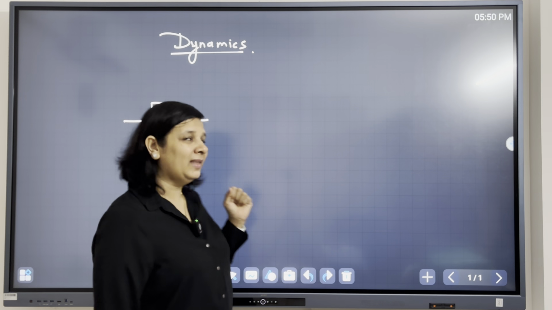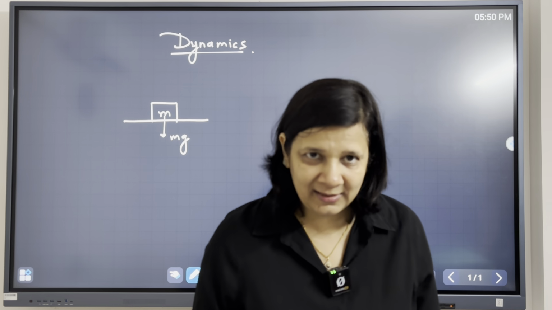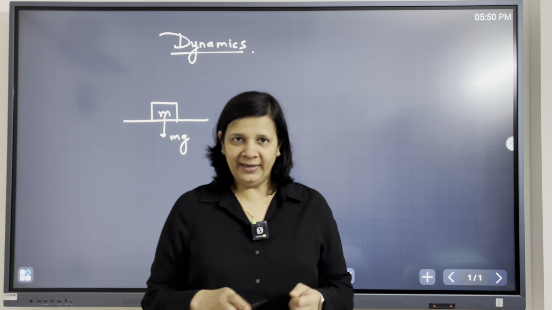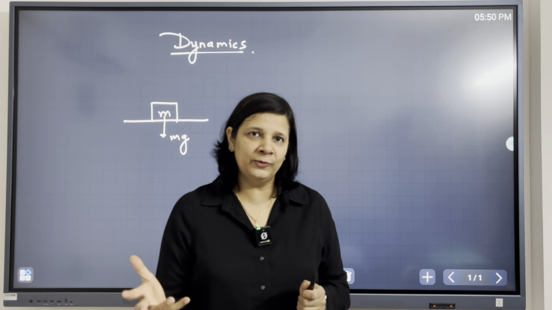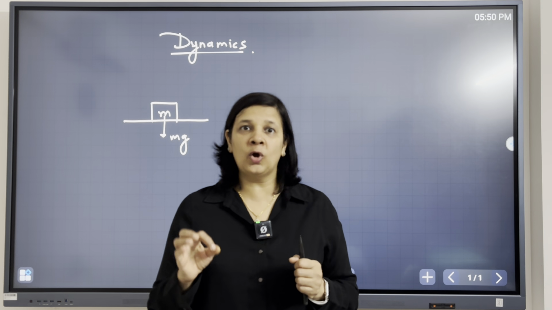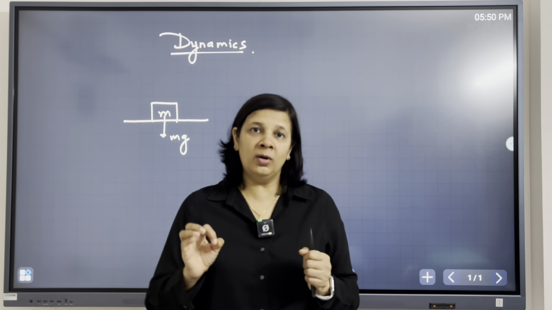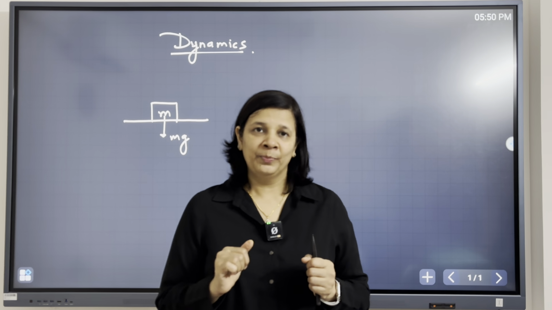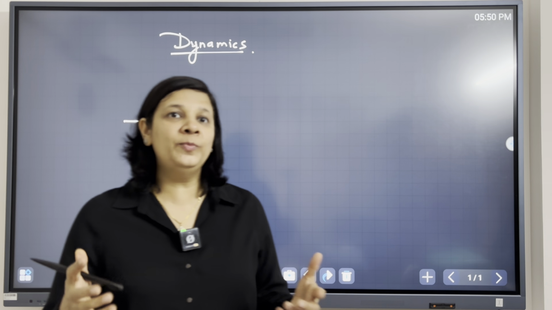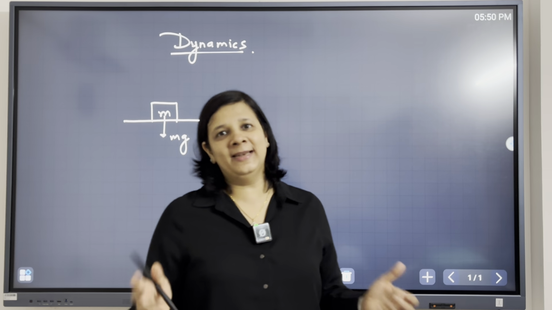So it means that from Newton's first law, if the object is at rest, all the forces acting on the object should balance each other, right? If there is a net unbalanced force, the object will accelerate. But here in this case, the object is not accelerating. So it means that all the forces balance each other. Now if there is a gravitational force acting downward, there has to be an equal and opposite force acting upward which should balance this force.